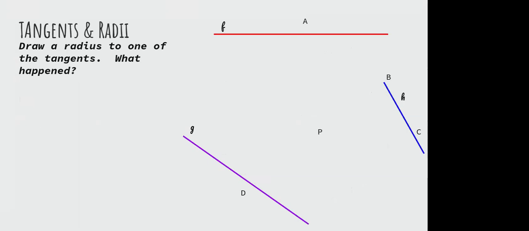Draw again your tangents. If you put a dot because you are drawing it, put a dot at 0, put a dot at what would be 65, and put a dot at what would be 220.